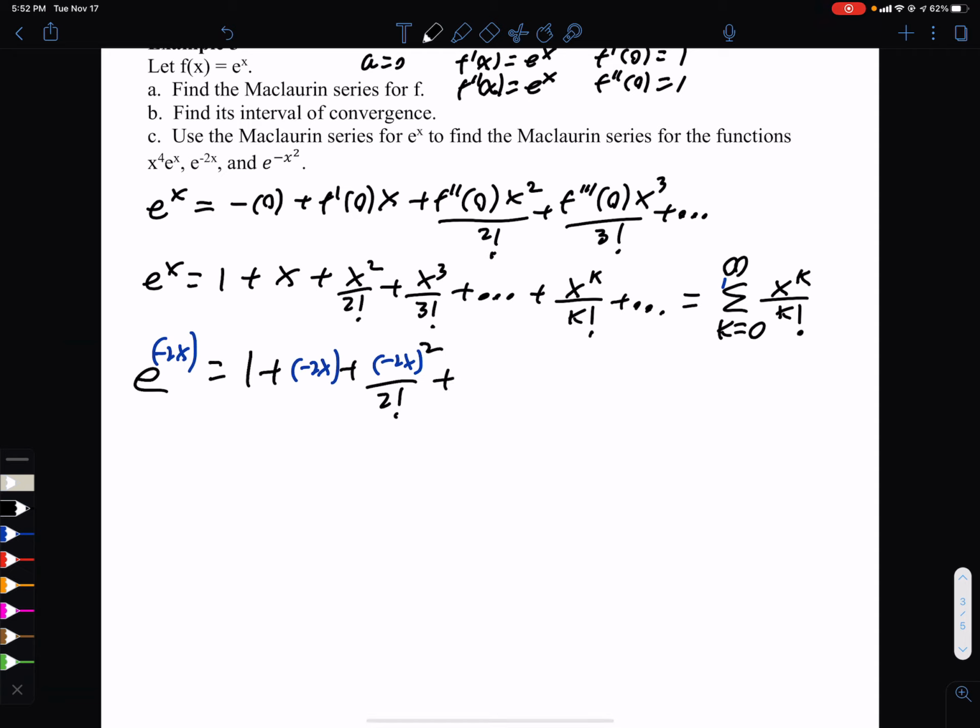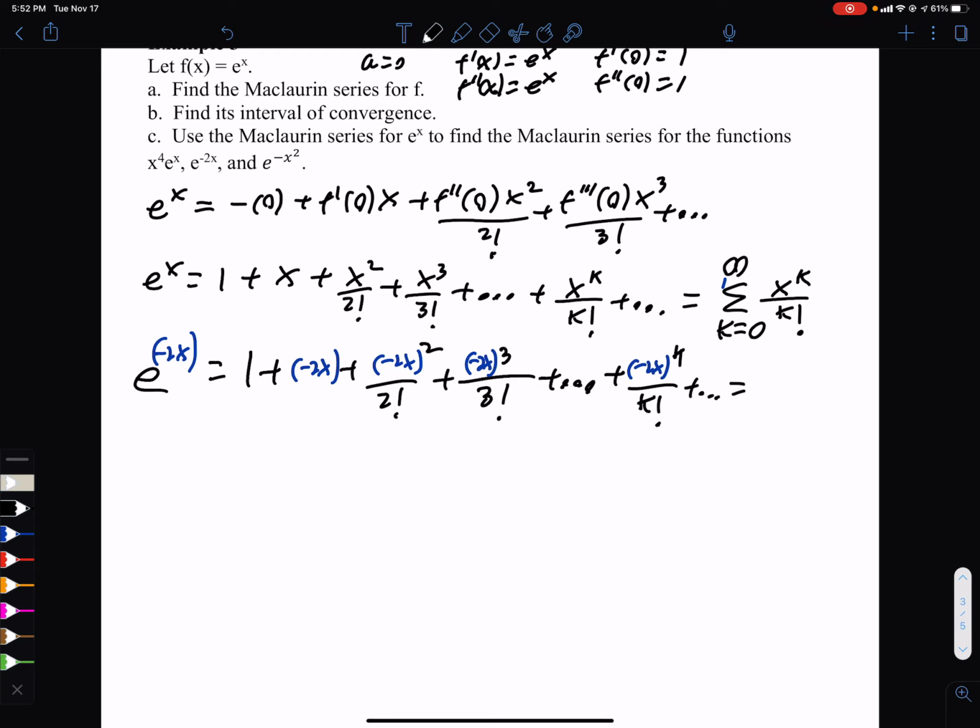And we just keep going. Plus dot, dot, dot, plus minus 2x, and then we still have the k over k factorial.